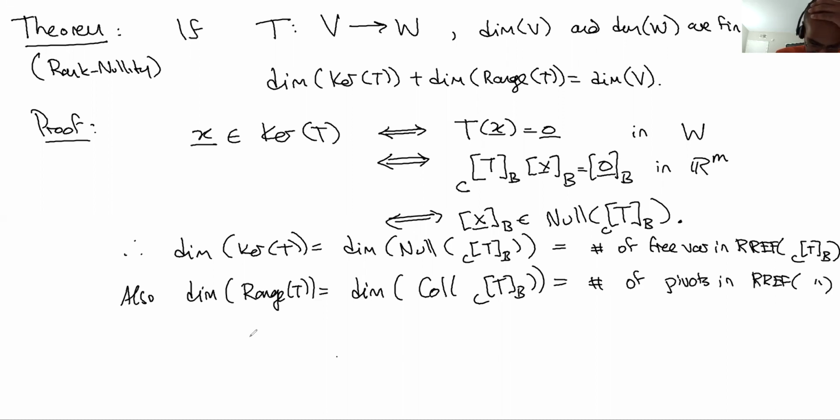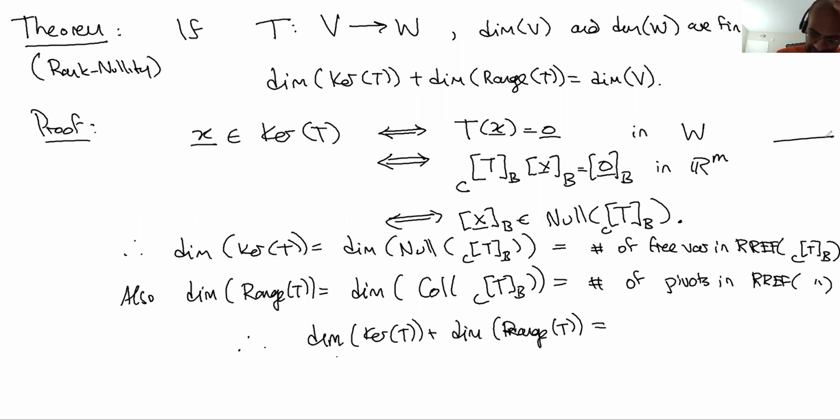And so that's it, right? So the conclusion is that the sum of these plus the dimension of the range of T is the total number of variables in this matrix. So this matrix, what are the dimensions? Well, it's M by N, where M is the dimension of W and N is the dimension of V, right?